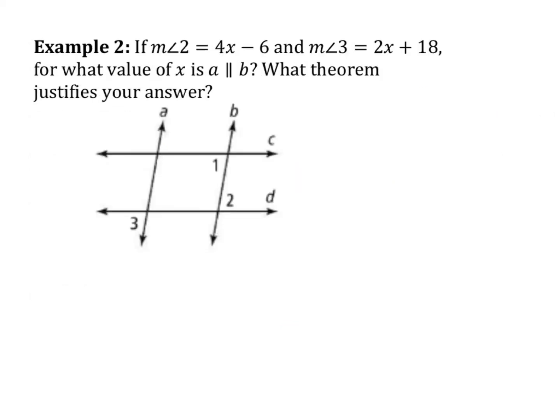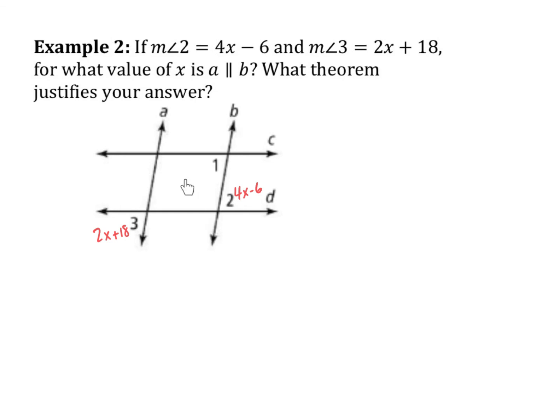Now in our next example it says that angle 2 has a measure of 4x minus 6. Let's put that on there. And angle 3 is 2x plus 18. We want to figure out what x has to be so that line A and line B would be parallel.